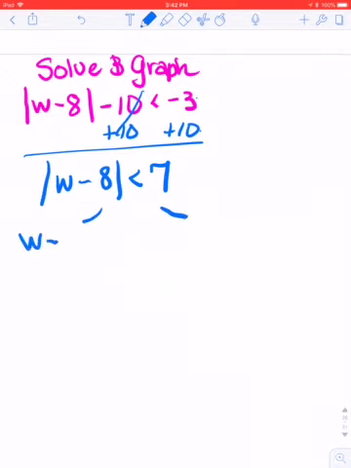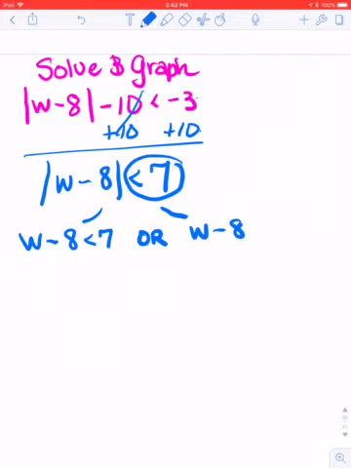So w minus 8 is less than 7 is the first one, just dropping the absolute value bars. In the second one, w minus 8 is there, but remember, we're working on taking that piece right there and flipping the sign and the sign of the number. So less than becomes greater than, and positive 7 becomes negative 7.